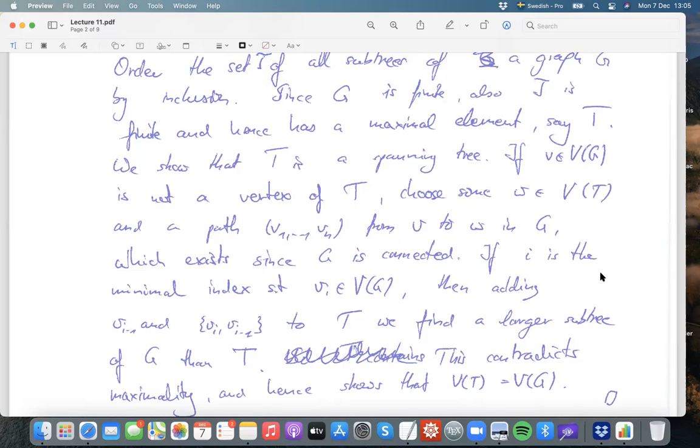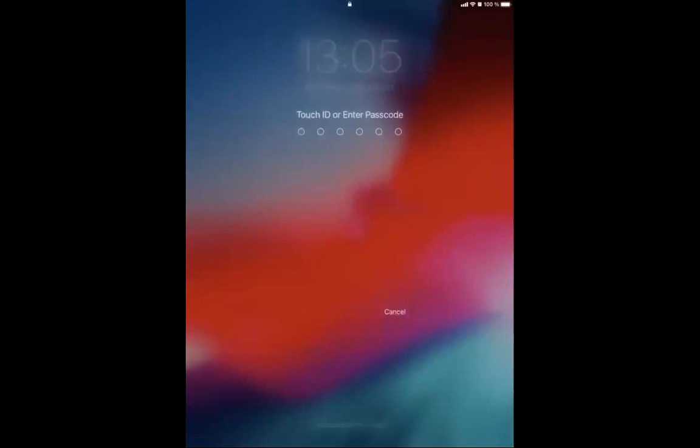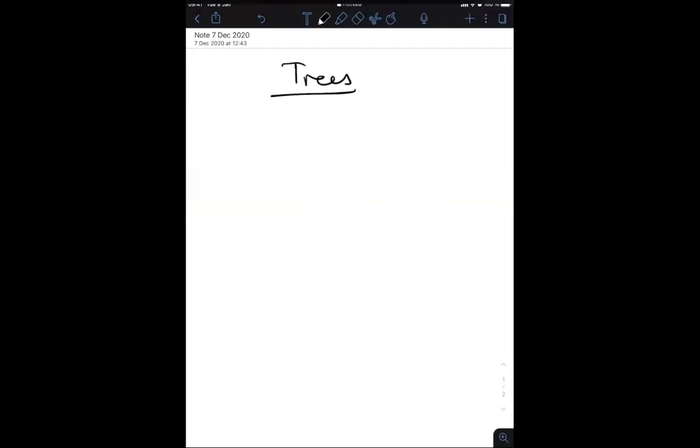So it's a fairly simple thing. Maybe I can do a drawing instead on my iPad. Say we have a tree, and it's maximal in the sense that whatever additional edge we choose, we are not getting a tree anymore.